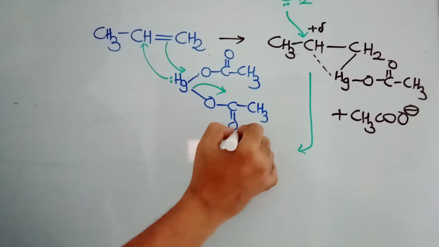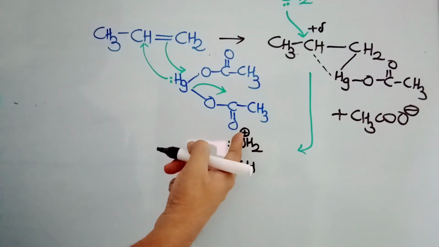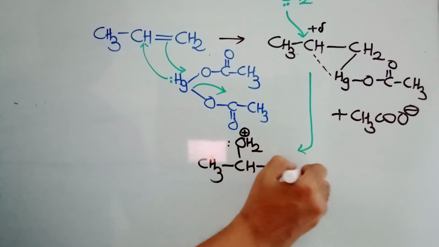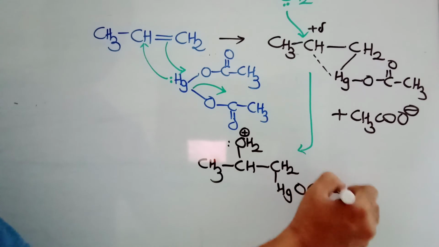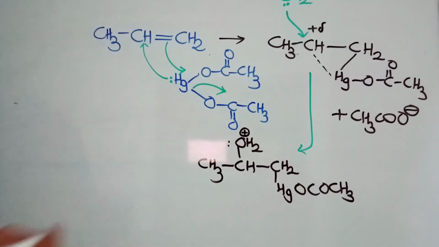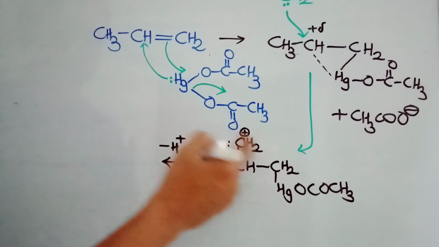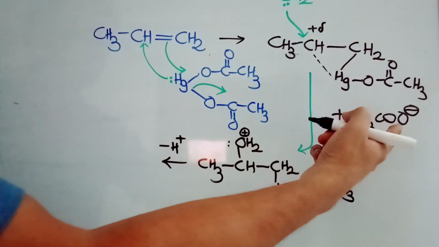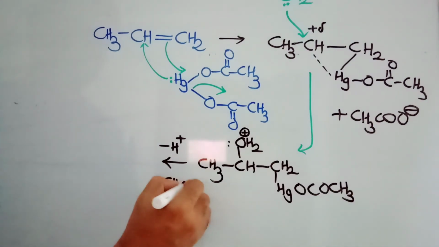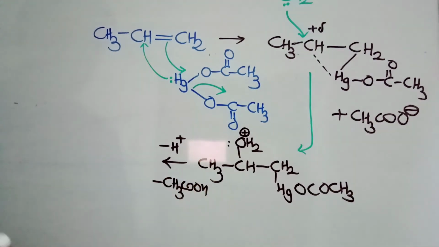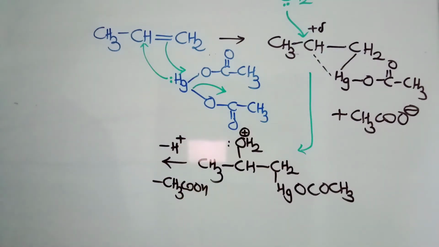When oxygen is added here, one electron pair is given, so oxygen gets a plus charge. We know what happens generally when oxygen has a plus charge: H plus is taken from here by the CH3COO minus, forming CH3COOH. It is a base type, and it takes this one.